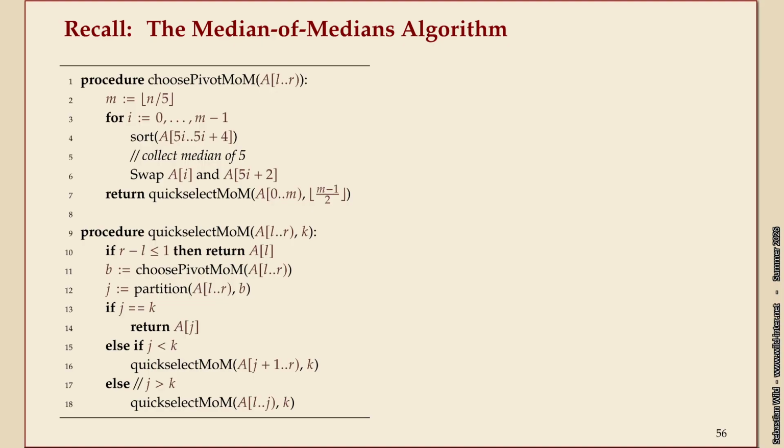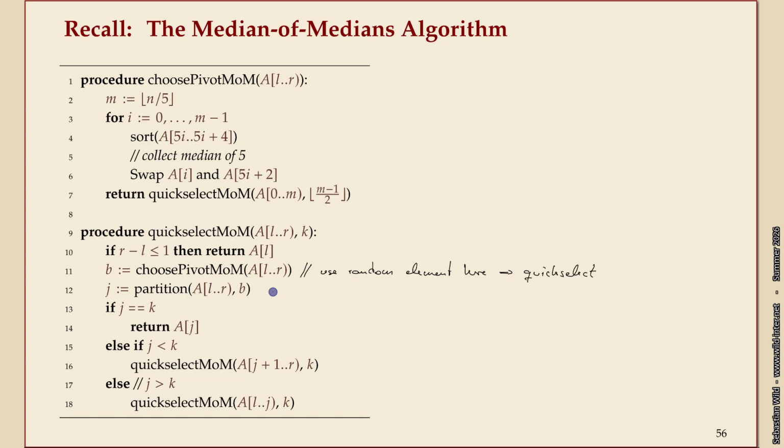I expect that people have seen quickselect, which is essentially this algorithm where, instead of this clever mutually recursive call here, you replace this by just selecting some random element as a pivot, then it's quickselect. And quickselect just says, pick a random pivot, partition the array around this element.